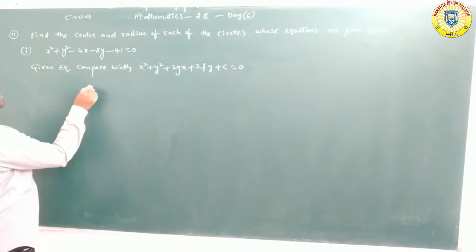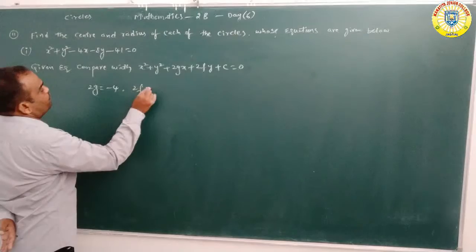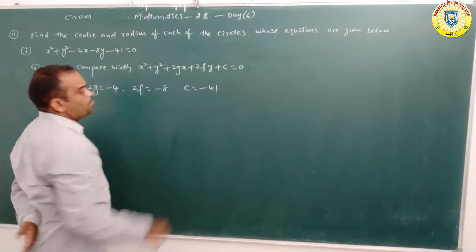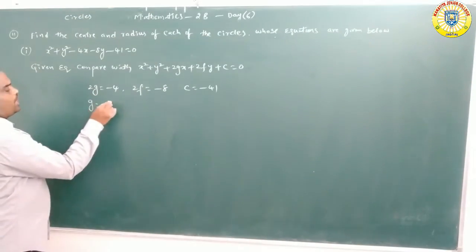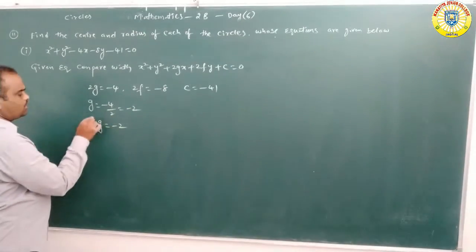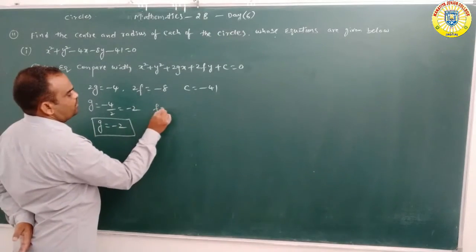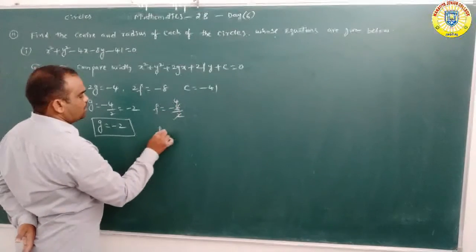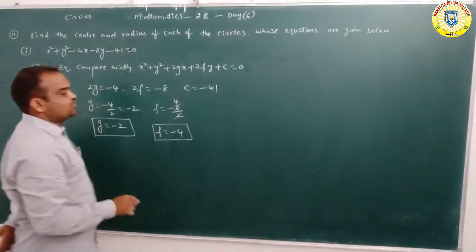Here 2g is equal to minus 4, 2f is equal to minus 8, and c is equal to minus 41. So g is equal to minus 4 by 2, that is minus 2. Here 2f is equal to minus 8, so f is equal to minus 8 by 2, which is minus 4. c is equal to minus 41.